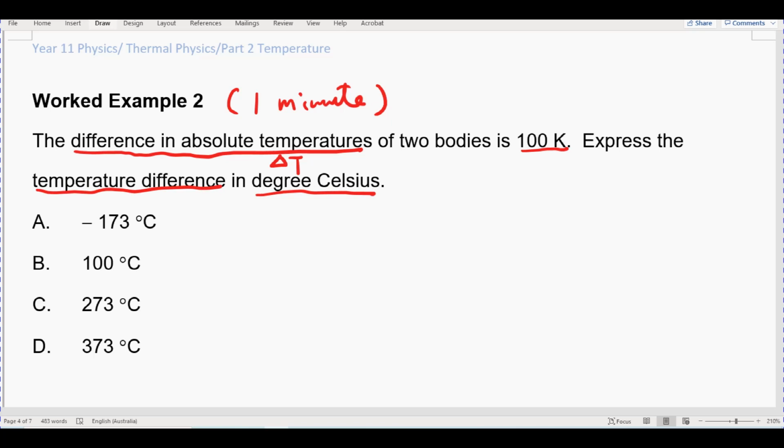Some of you might think, Kelvin is always 273 greater than degrees Celsius, so why don't we just use 100K take away 273? If you got this answer, that means you have a misconception.